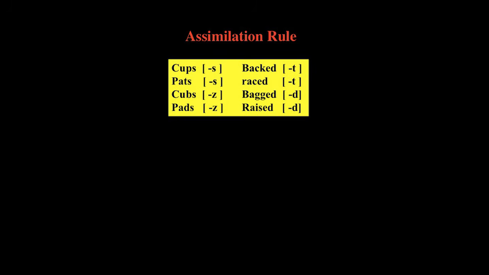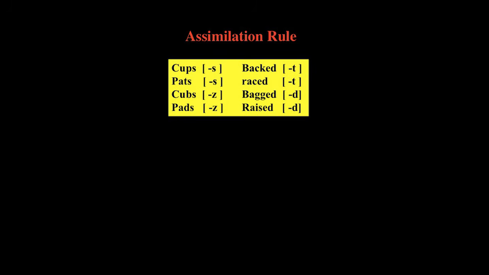And we notice that these two sounds agree in voicing. They become either both of them voiceless or both of them voiced. The same case happens to the d sound as a suffix morpheme for simple past. So the d sound is actually d whenever it is preceded by a voiced consonant, but it is actually pronounced as t sound whenever it is preceded by a voiceless sound or consonant.